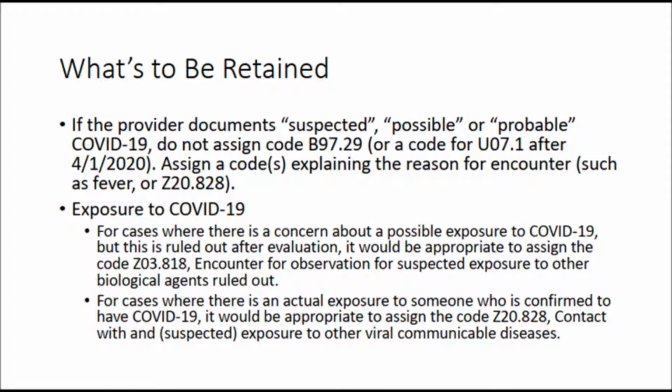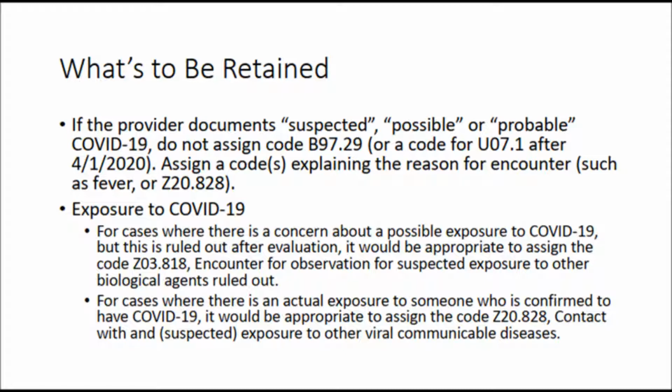Assign a code explaining the reason for encounter, such as fever, or Z20.828, exposure to COVID-19. For cases where there is a concern about a possible exposure to COVID-19, but this is ruled out after evaluation, it would be appropriate to assign the code Z03.818, encounter for observation for suspected exposure to other biological agents ruled out.